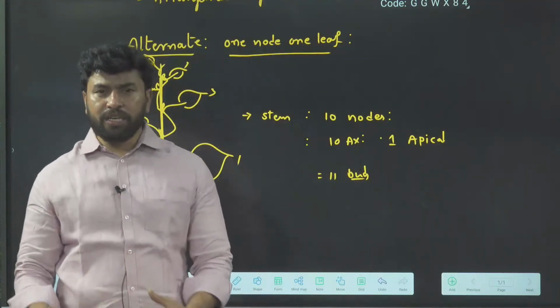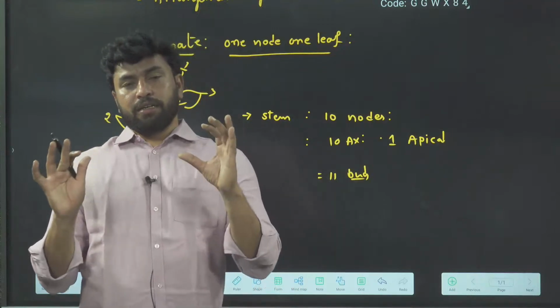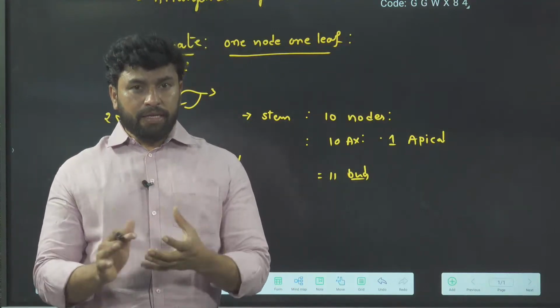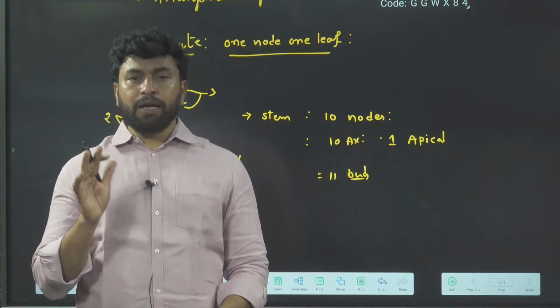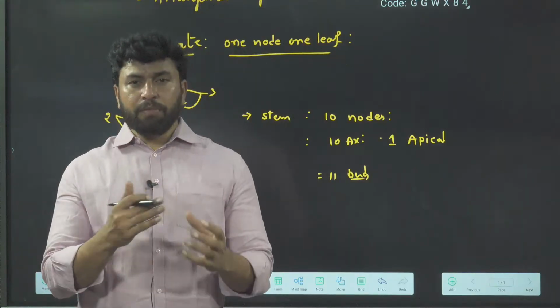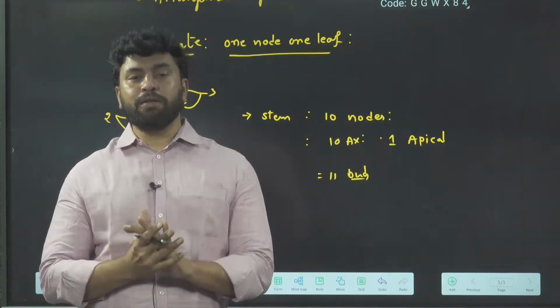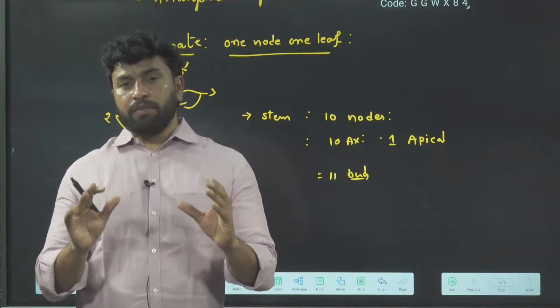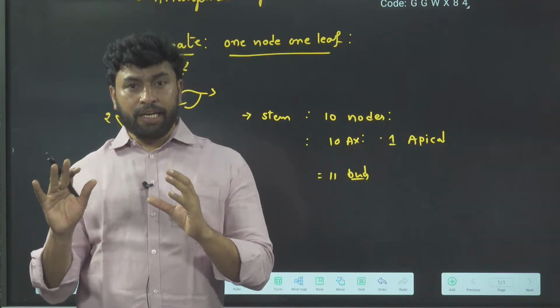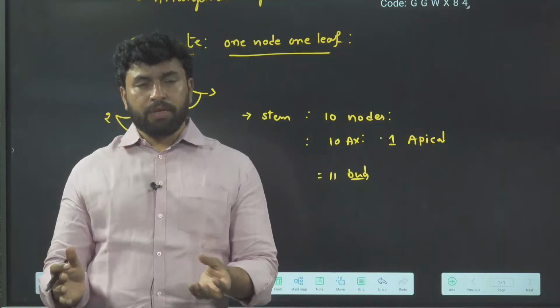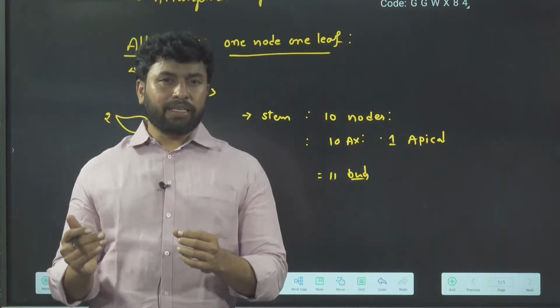And they also mention it like this. There is a plant on which 5 branches are present. Every branch has 10 leaves. Then what is the total number of buds that plant may possess? Every branch has 10 leaves, that means 10 nodes. Every node has one axillary bud.